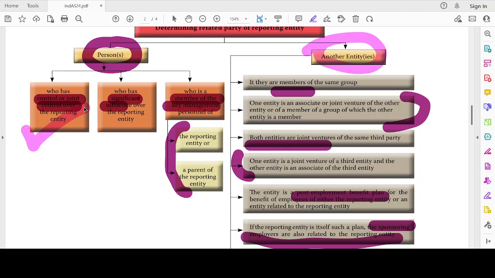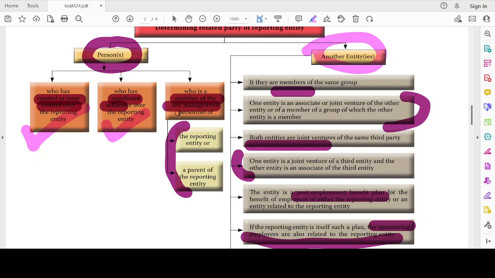If A has invested around 51% stake in ABC Limited, then A has control over the reporting entity. Who has significant influence over the reporting entity? If A has invested 27% stake in ABC Limited, then A has significant influence over the reporting entity.